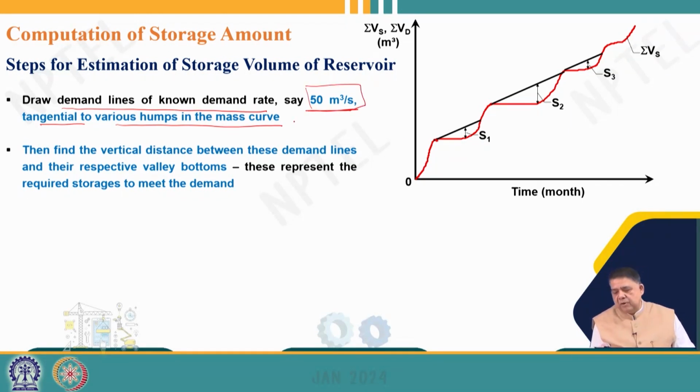The slope of this line will be this vertical divided by this horizontal. So, at any place we can find the slope, and that slope has to be maintained at 50 cubic meter per second. Then find the vertical distance between these demand lines and their respective valley bottoms. These represent the required storage to meet demand.